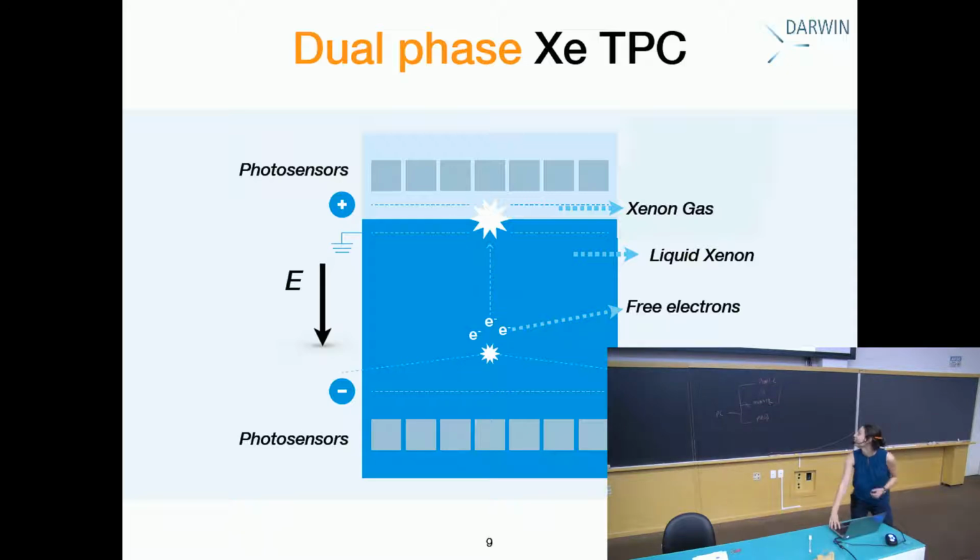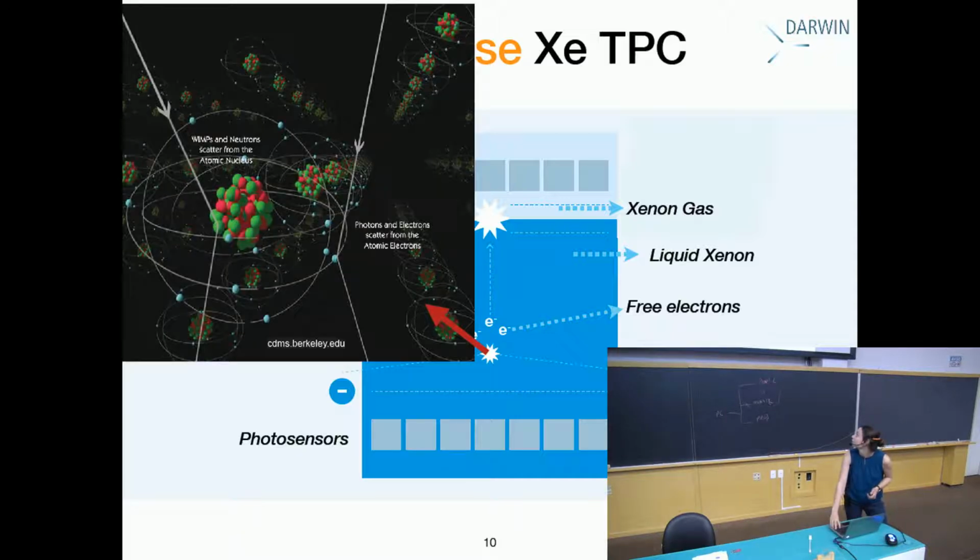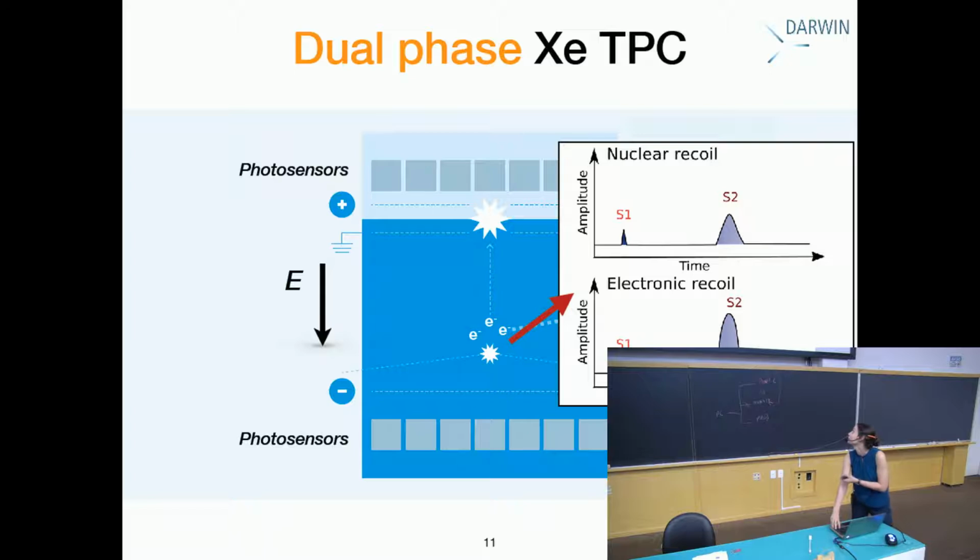Okay. So we have our interaction here. It gives us this prompt scintillation signal. Free electrons are drifted to the gas phase where they produce this ionization signal. And because of the charge density, the position is different for nuclear recoils and electron recoils, so our signals are expected to be different.